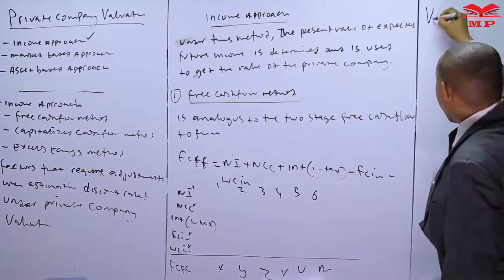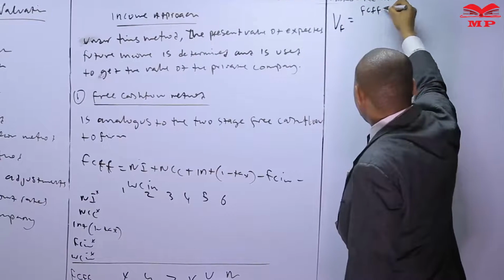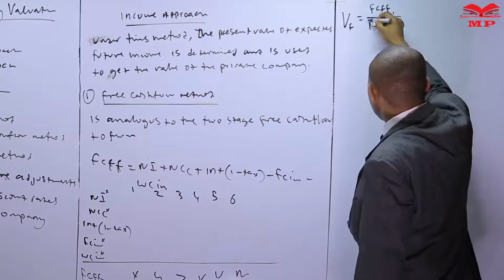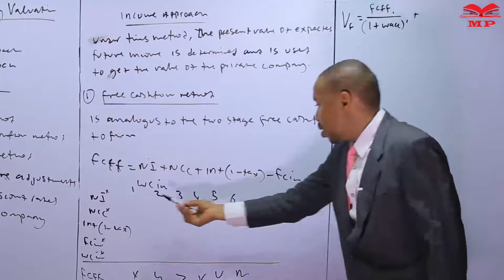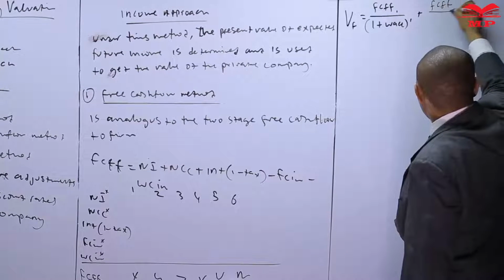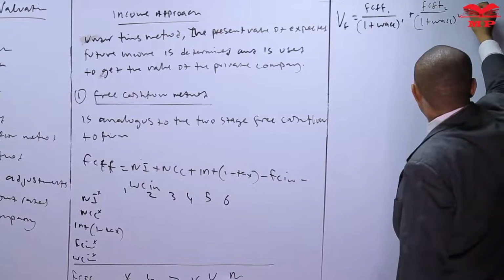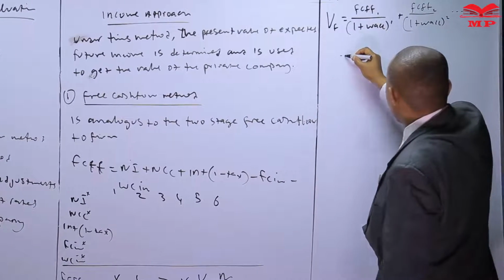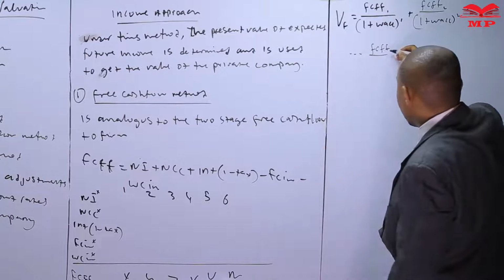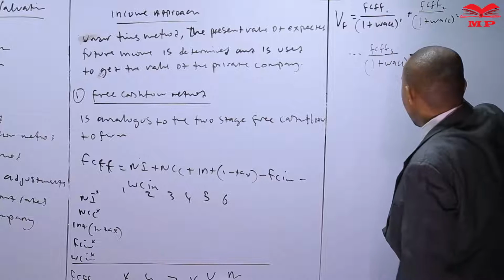So the value of the firm is given as FCFF 1 over 1 plus WACC, plus FCFF 2 over 1 plus WACC to the power 2, and so on, until we reach FCFF 5 over 1 plus WACC to the power 5.